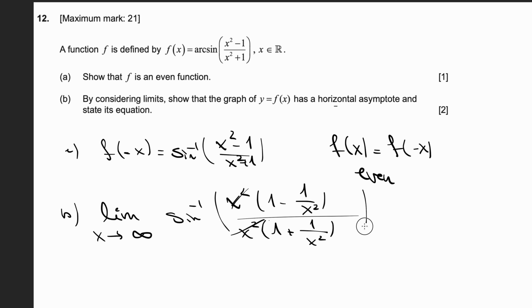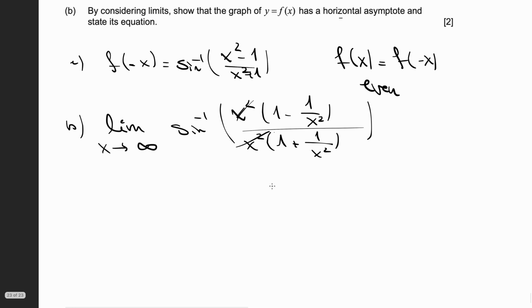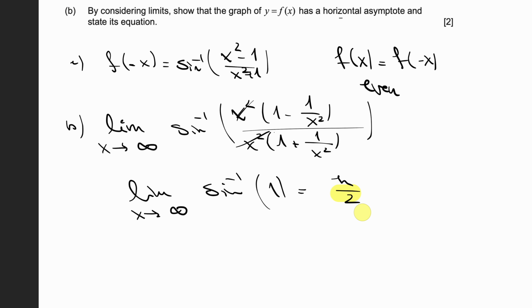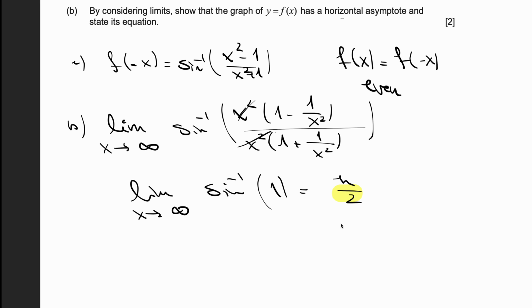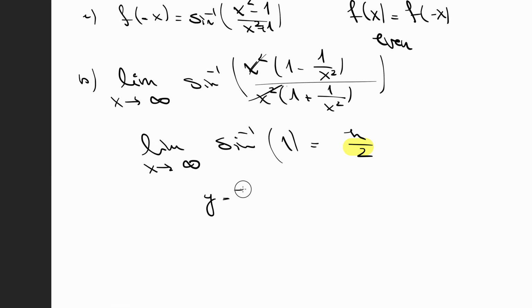So the x squares cancel out, and as x approaches infinity, this is going to be 1 over infinity, which is 0, and so the limit as x approaches infinity will become sine inverse of 1. Now sine inverse of 1 is simply pi over 2, so the answer to this limit is pi over 2. And if you want to state its equation, well, it's y equals pi over 2.